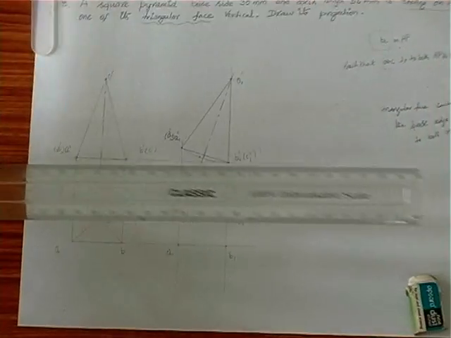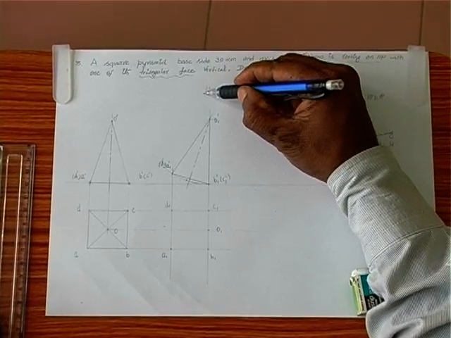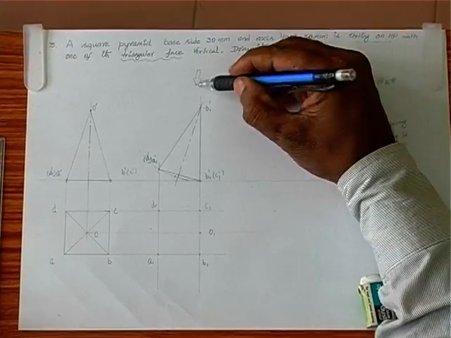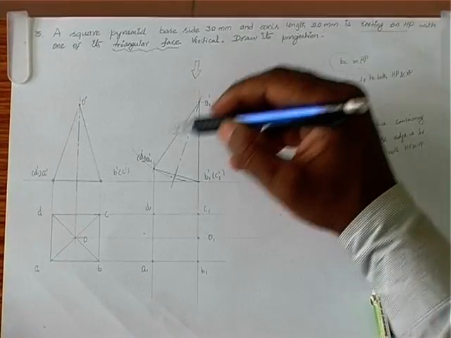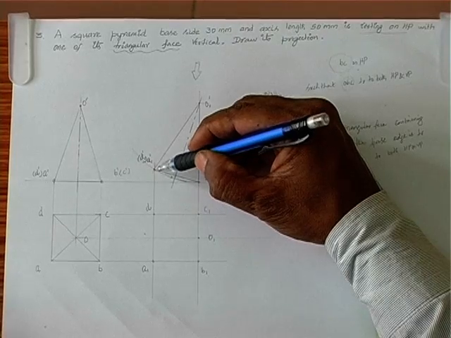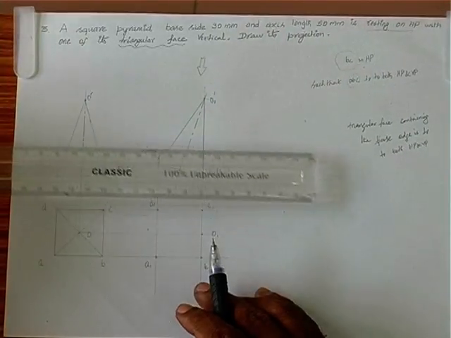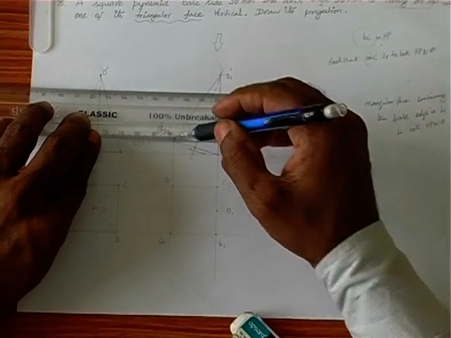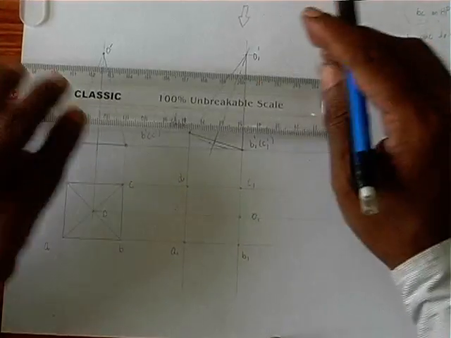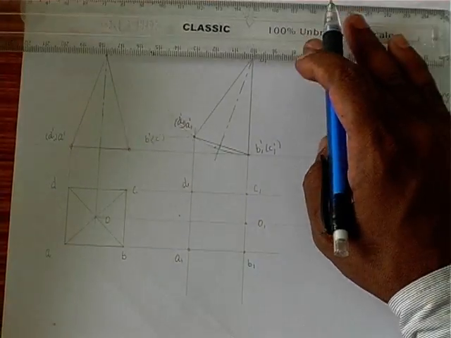To find the visibility, we assume one arrow mark pointing downward, and we identify the extreme corners. Here is the left extreme corner. We introduce one horizontal line through this extreme corner. Then the right extreme corner is this.